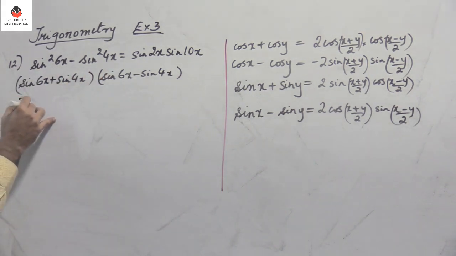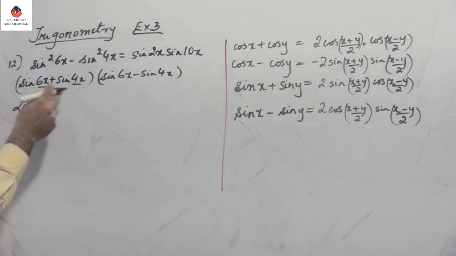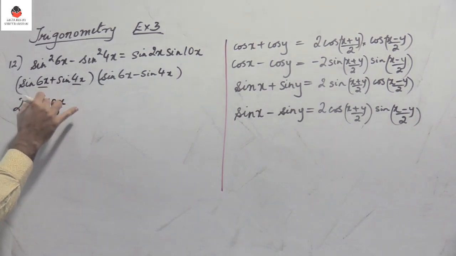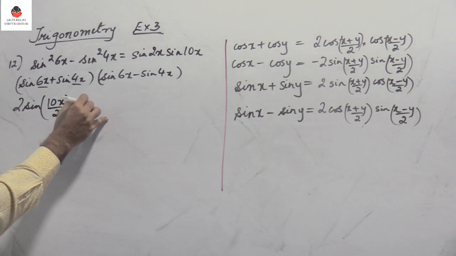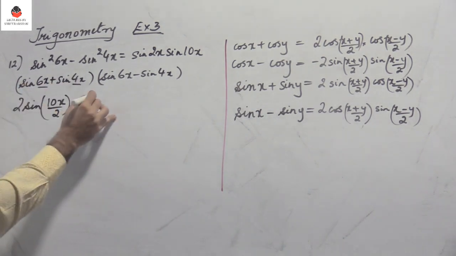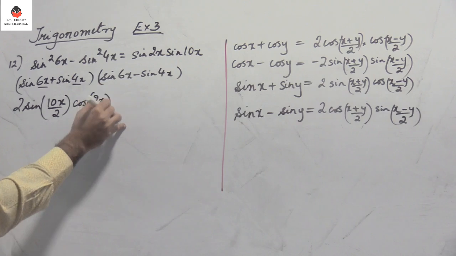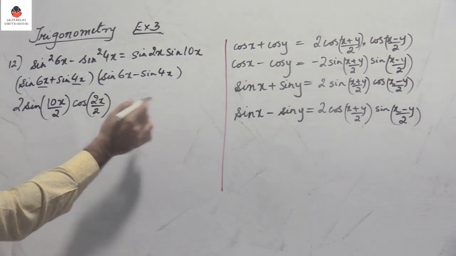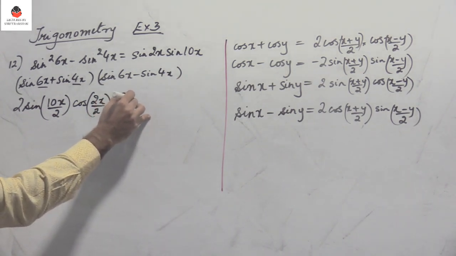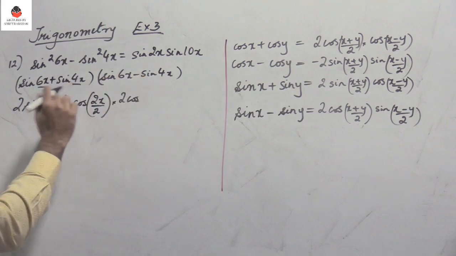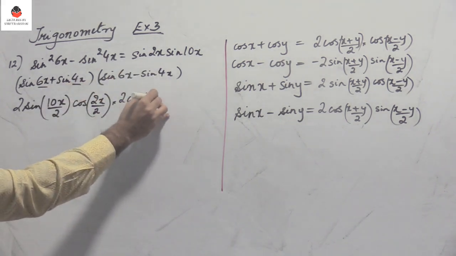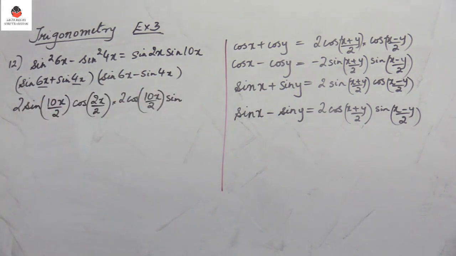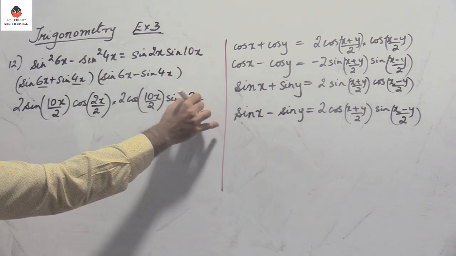So what is the right hand side? It is 2 sine x plus y by 2, 6x plus 4x, which is 10x by 2, into cos 6x minus 4x, which is 2x by 2. And then I have sine 6x minus sine 4x, which is 2 cos x plus y, so 6x plus 4x is 10x by 2, into sine 6x minus 4x, which is 2x by 2.